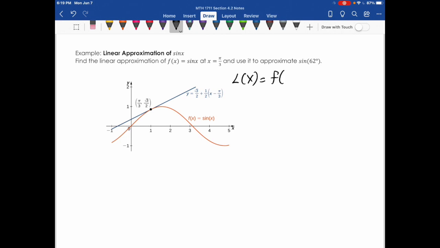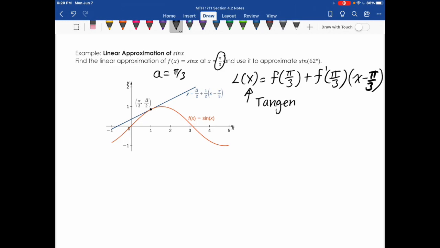Using the formula that we had before, we have f of pi over 3 plus the derivative at pi over 3 times x minus pi over 3, because remember, this is our point of interest, so that's our value of a that we're going to plug into the formula.